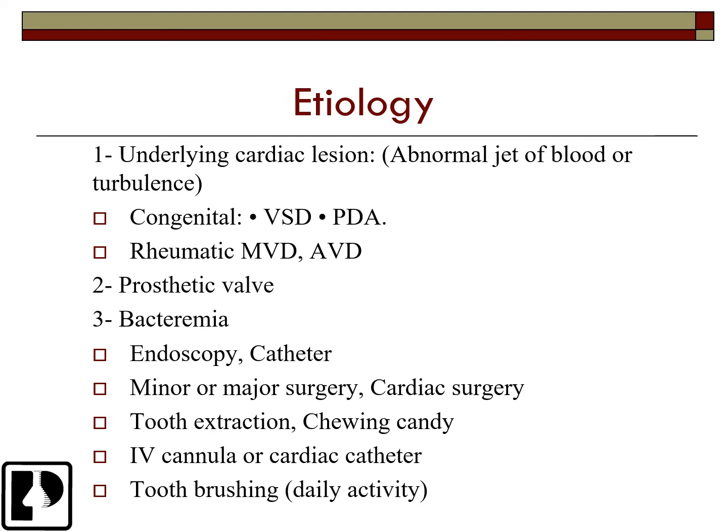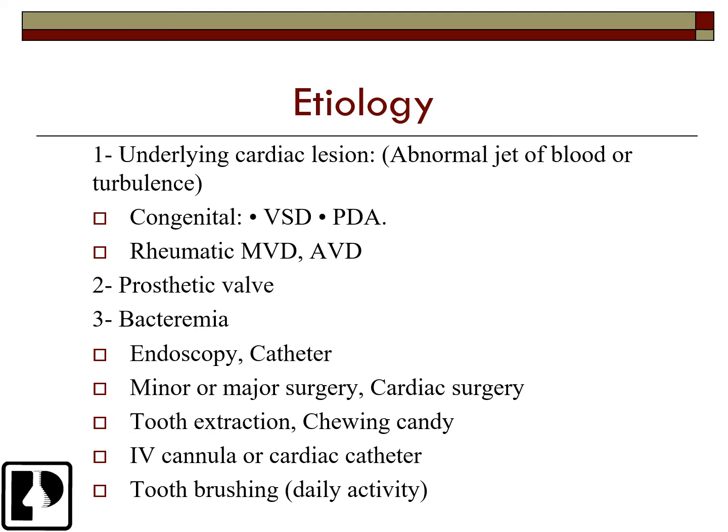First one is endoscopy or catheter, minor or major surgery, especially cardiac surgery, tooth extraction and chewing candy, IV cannula or cardiac catheter, tooth brushing, it is a daily activity.